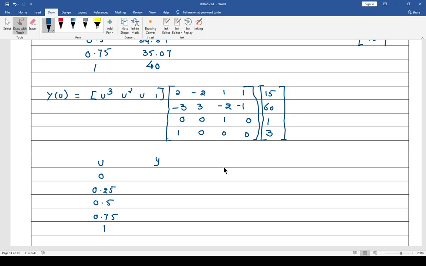Okay. So let me know these values. So of course this is going to be 15 and this is going to be 60. So only 3 values you have to get.